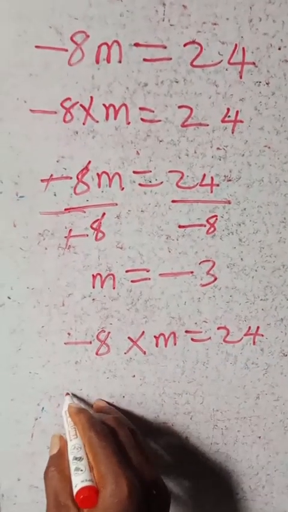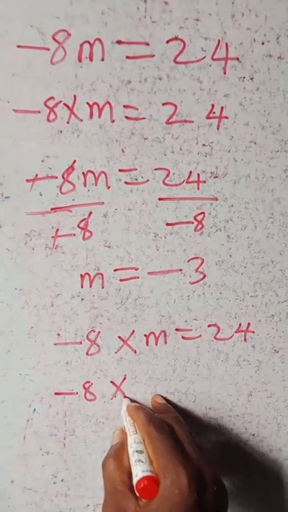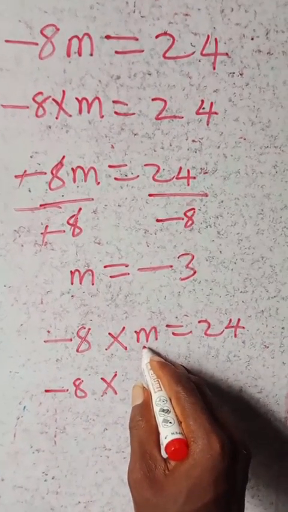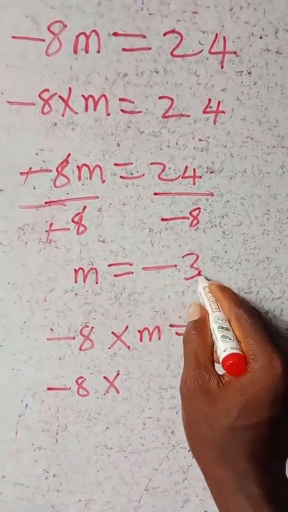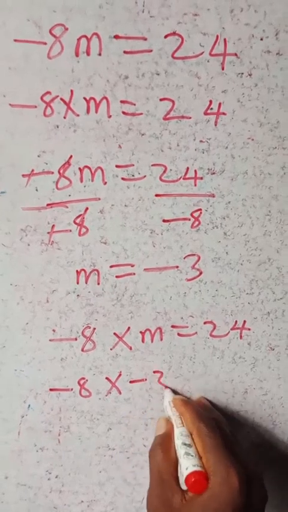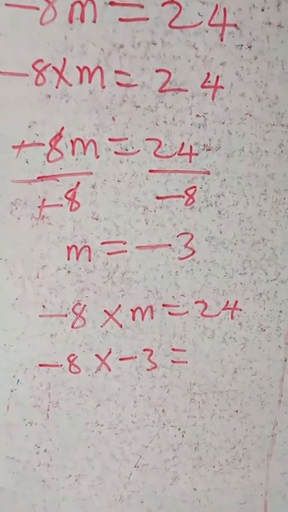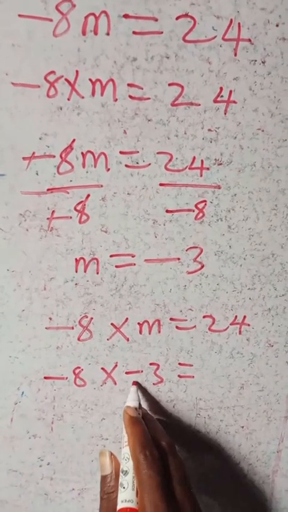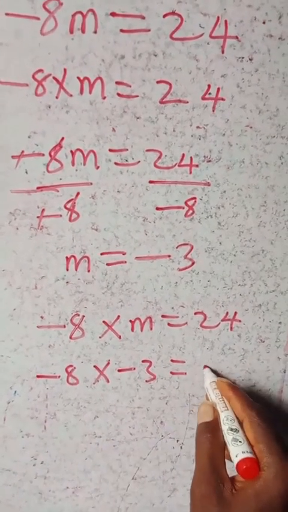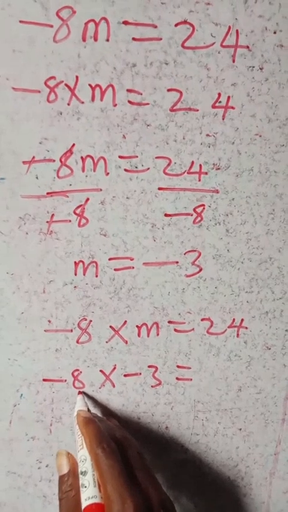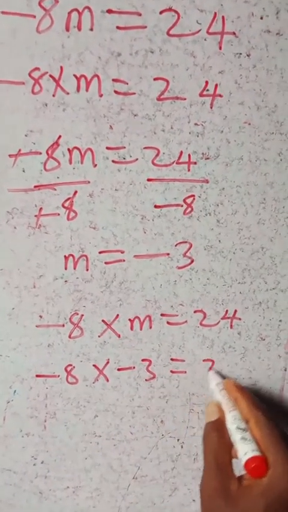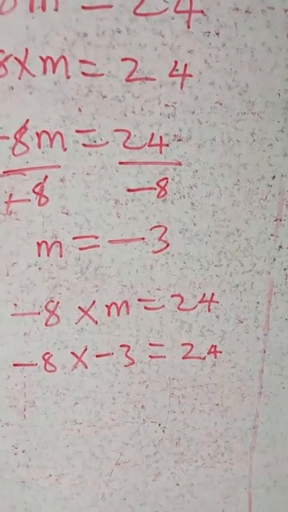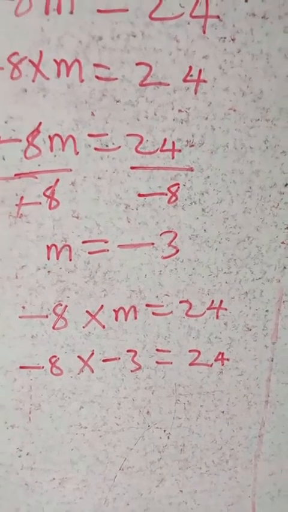This is minus 8 times, what is our m? Our m here is minus 3. So let's put the minus 3 and multiply to see whether we are going to get 24. So minus times minus is plus, invisible plus, and 8 times 3 is what? 24. I see it.